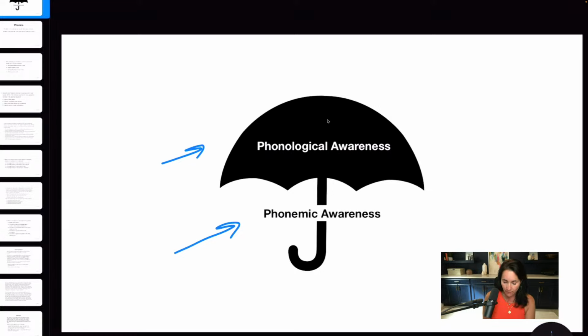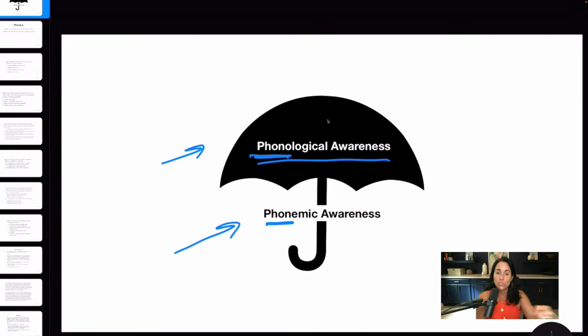For example, let's talk about phonological awareness here. Phonological awareness is breaking up words by chunks of sounds in the words. Notice that they both have phone in the prefix, or I guess that's the root of the word, that has to do with sound. So phonological awareness would be something like, and I'm going to write it so that you can kind of see it.